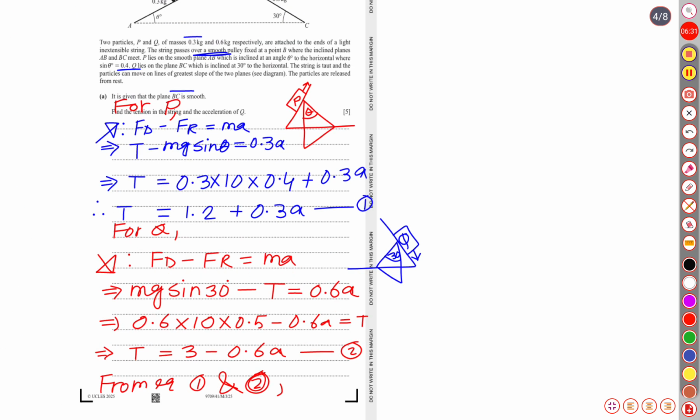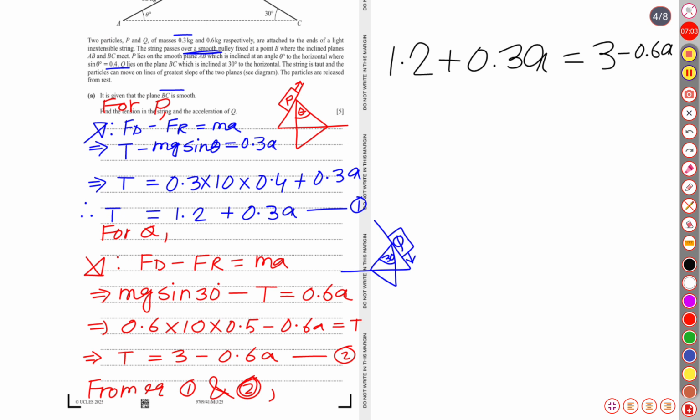If we do subtraction, it is going to be 1.2 plus 0.3a is equal to 3 minus 0.6a.